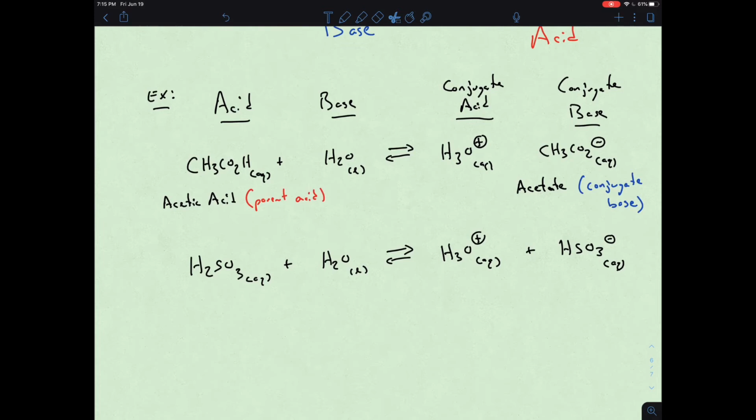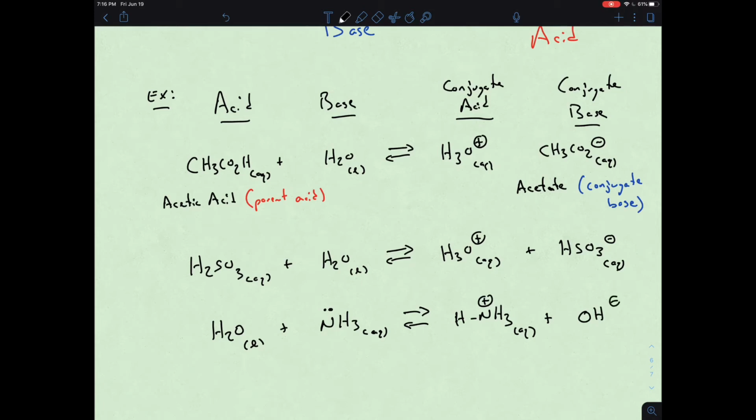If we look at the flip side of that, such as ammonia, now ammonia acts as a base. It's a nitrogen with a lone pair in the molecule, and so it generates ammonium and then hydroxide.